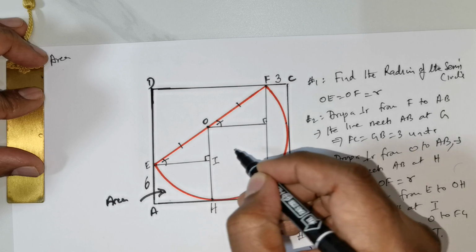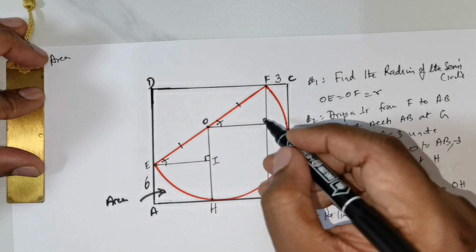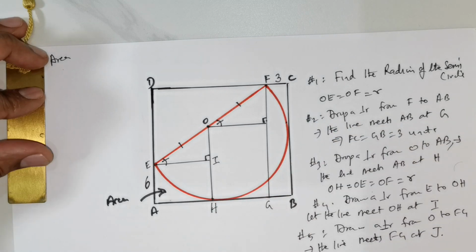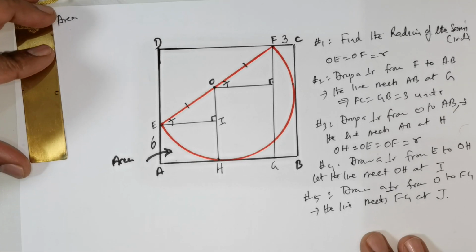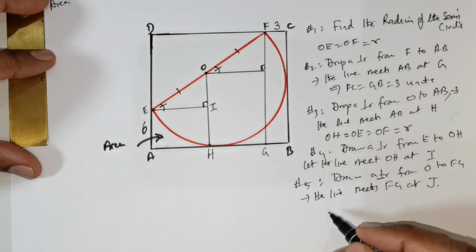We already have 90 degree here. We already have a 90 degree here. So what can we say about the triangles?